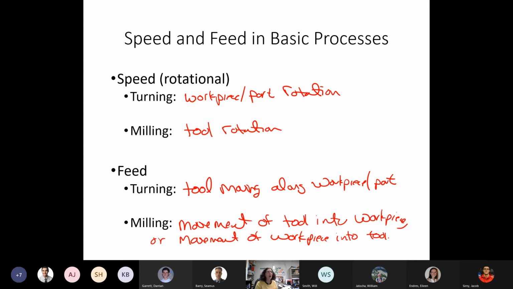In our machine in the basement, we call that the table feed. The cutter stays stationary. The cutter can move up and down, and it does, but the table moves into the cutter, and so that would be our feed.